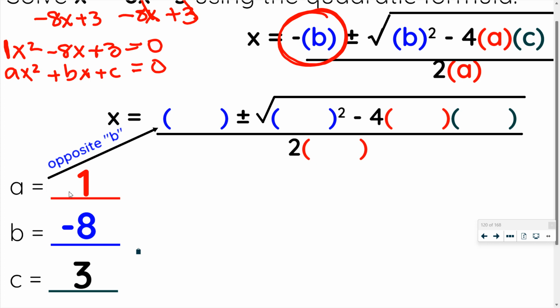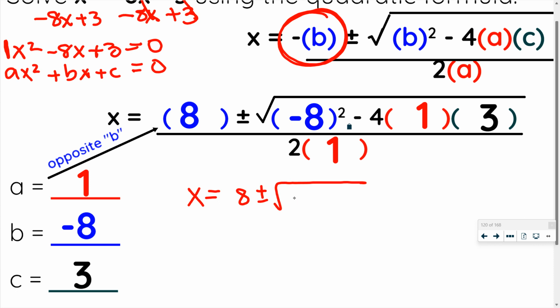So plugging it into the formula, x equals opposite b, so -8, the opposite is +8, plus minus the square root of b squared minus 4ac, all divided by 2a. So now we can simplify this. x is equal to 8 plus or minus the square root of -8 squared, which means -8 times -8 or 64.